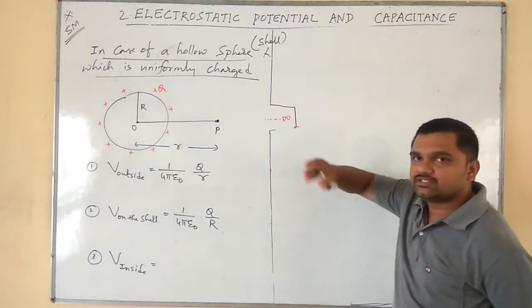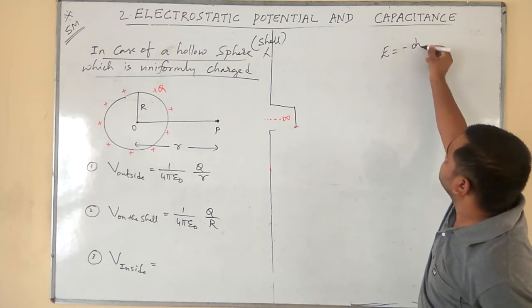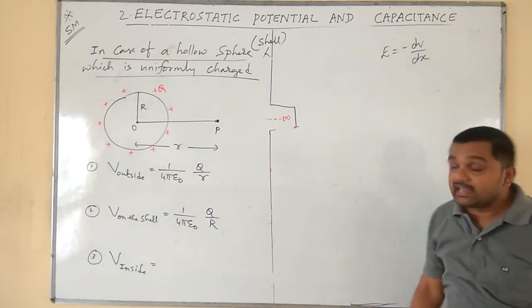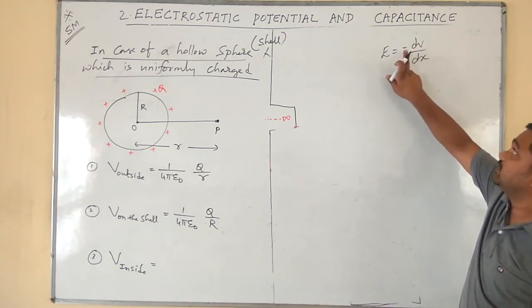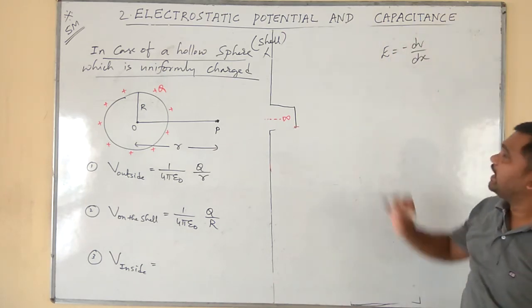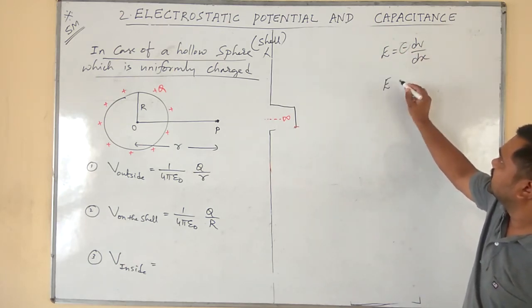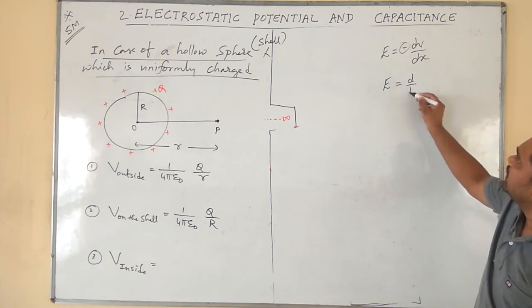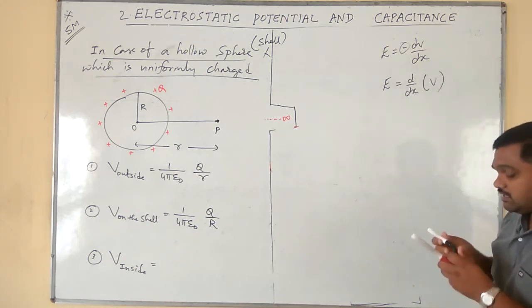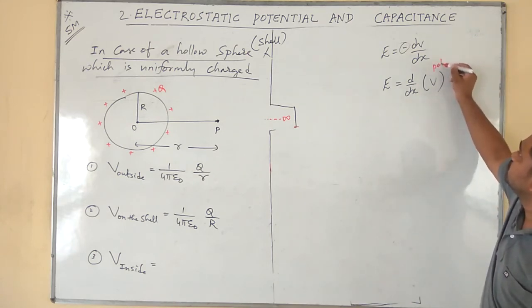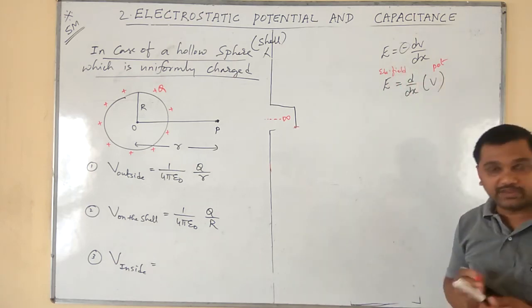In my next class, I am going to derive this equation. Electric intensity is equal to negative potential gradient, that is minus of dV by dx. I will not consider this negative sign. Simply E is equal to d by dx of V. This is potential. This is electric field.